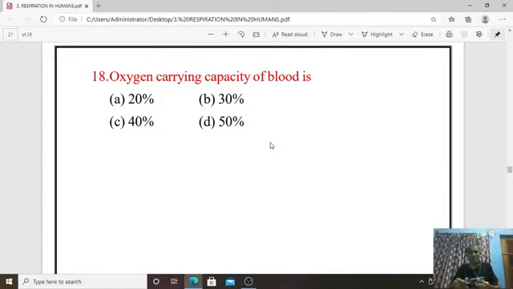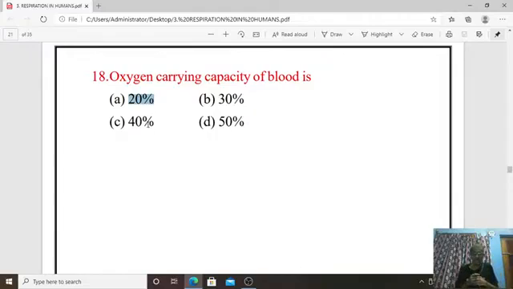If you take 100 ml of blood having 12 to 14% of hemoglobin, then it will carry about 20% of oxygen. This is the common figure in the medical field under medical statistics and laboratory study. So the oxygen carrying capacity of blood is 20%.